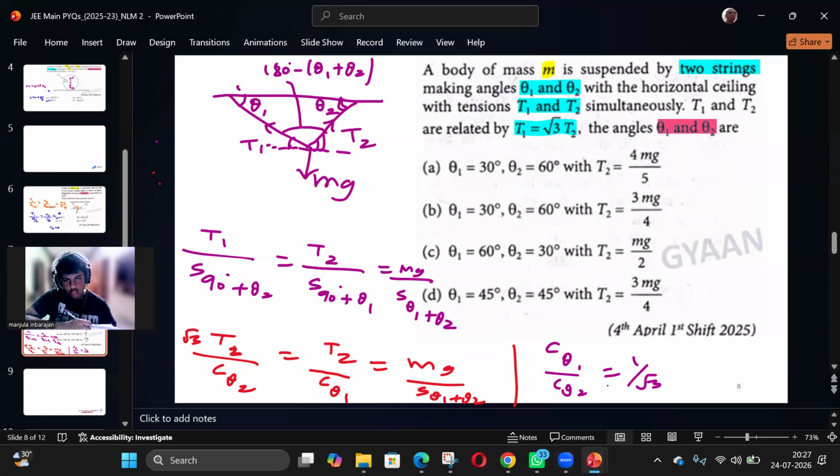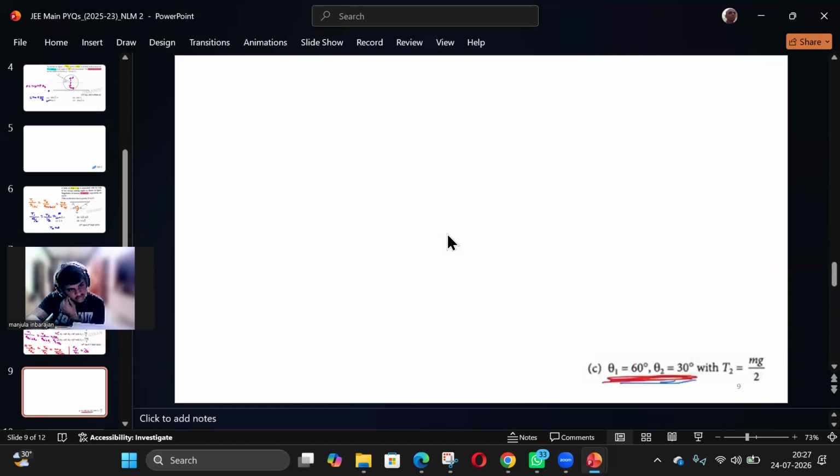D is not true because it can't be 45 for both of them. So theta is 30 degrees. Option C.